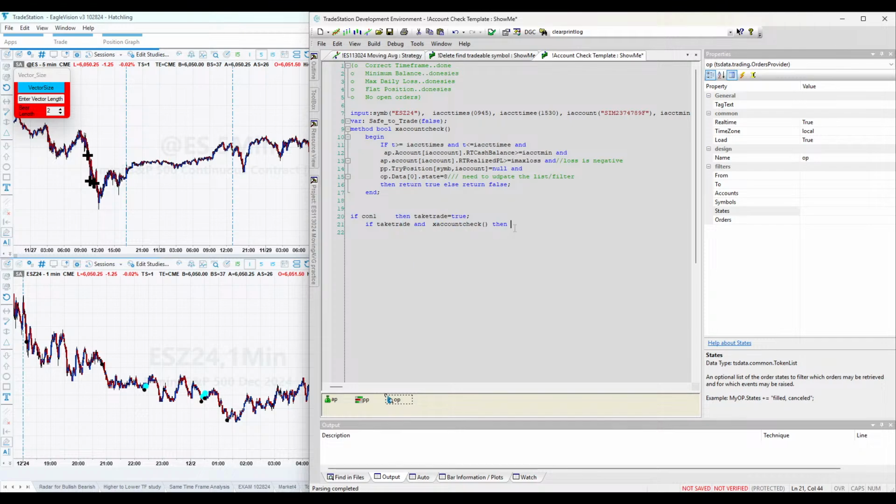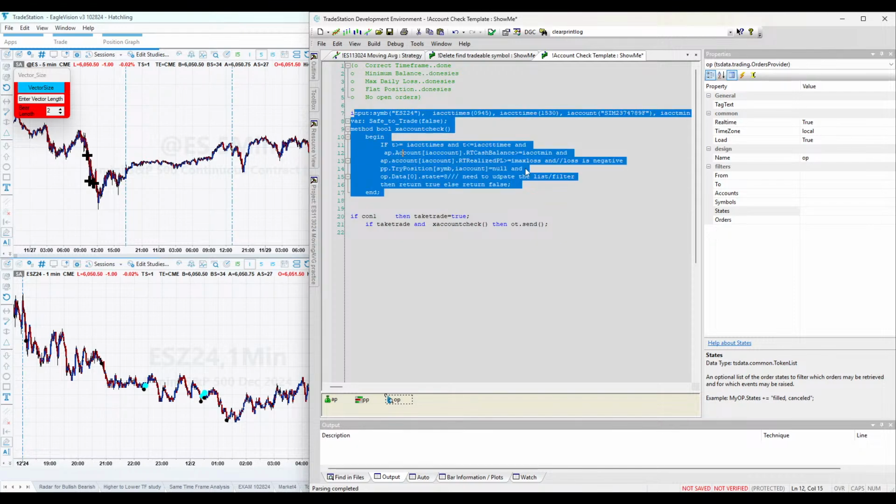If this is true, then trade, or to be something more like OT, which would be an order dot send. Send the order. Okay. That being said, these are my account checks.